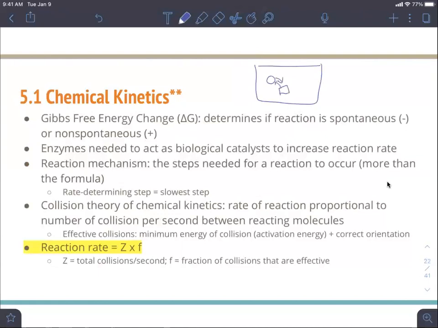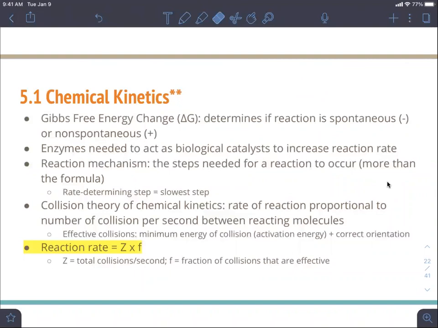And so the number of collisions that happen would determine the speed of the reaction. Because you can't just put two compounds into a solution and expect something to happen. They have to collide with each other in order to have the product form.